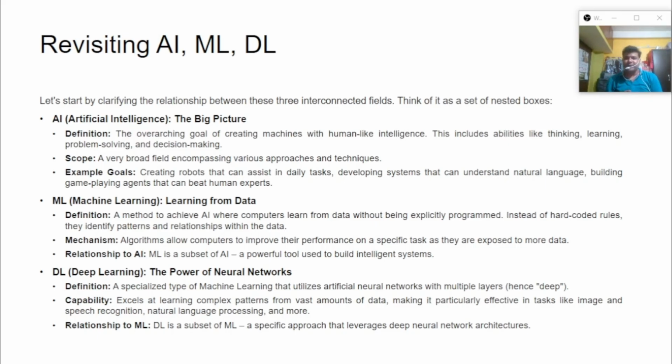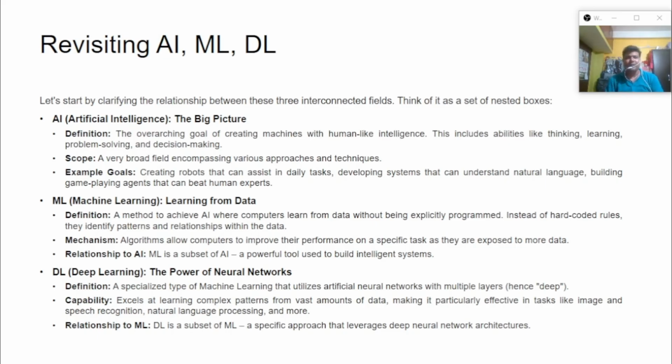Think of it as a set of nested boxes. First one is AI, the goal of creating machines with human-like intelligence. This includes abilities like thinking, learning, problem solving and decision making. This is called AI.